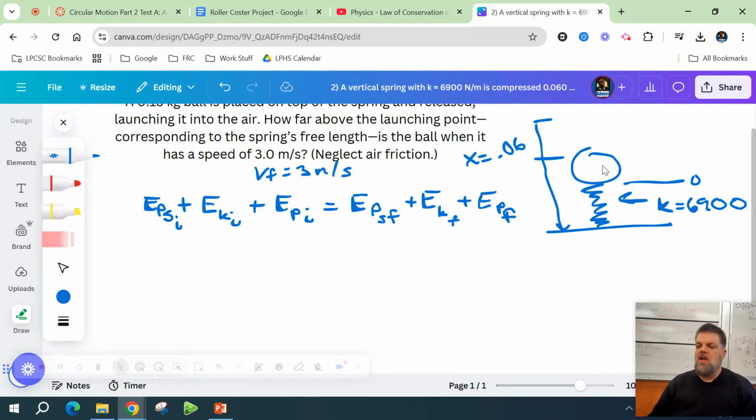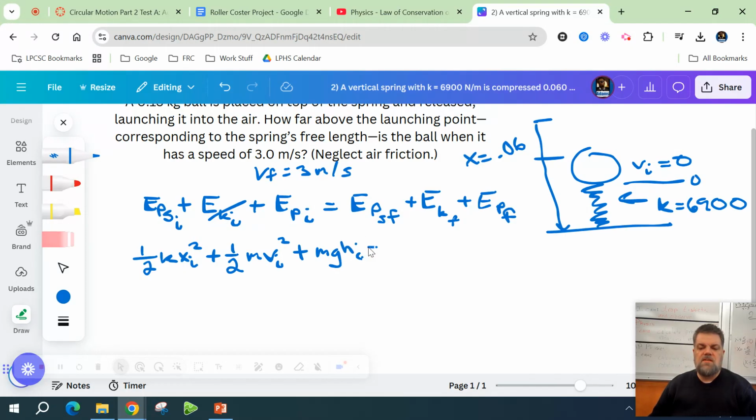So if this ball is sitting still on the spring right before it's released, what is the velocity? Well, my initial velocity is 0, so this whole term goes to 0. Well, let's do the math. So this is 1/2 kx squared, right? Potential spring energy, plus 1/2 times the mass of the object times the initial velocity squared, plus my potential energy, which is the mass times the acceleration due to gravity times the initial height, right?